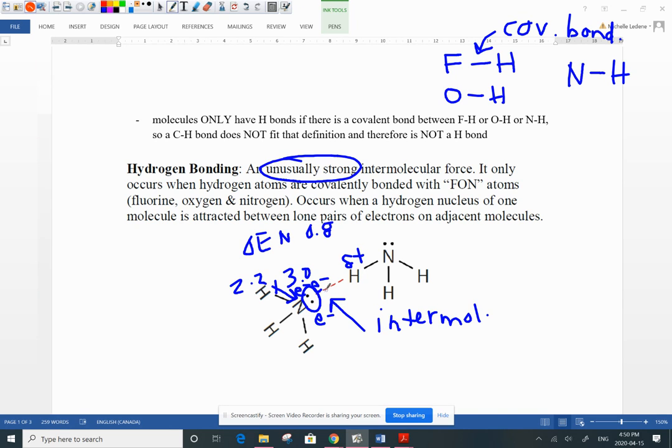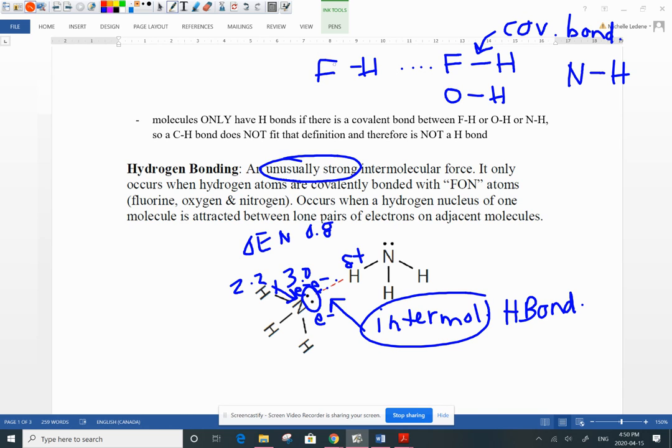So this attraction between the nitrogen of one molecule and a hydrogen of another is this intermolecular force that we know as a hydrogen bond. Okay, and so it is between atoms of fluorine and hydrogen.